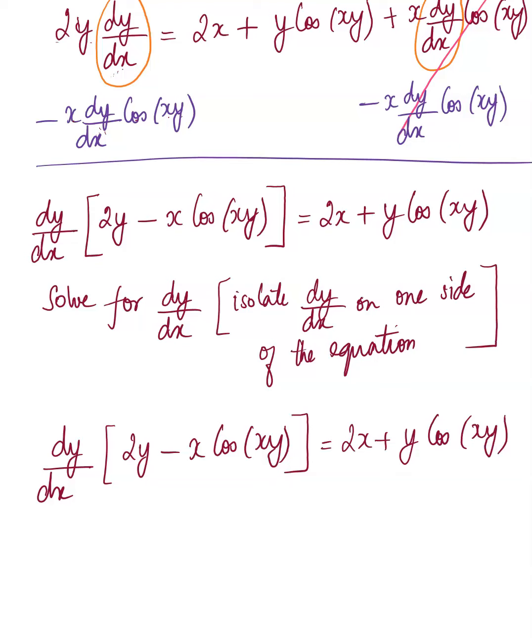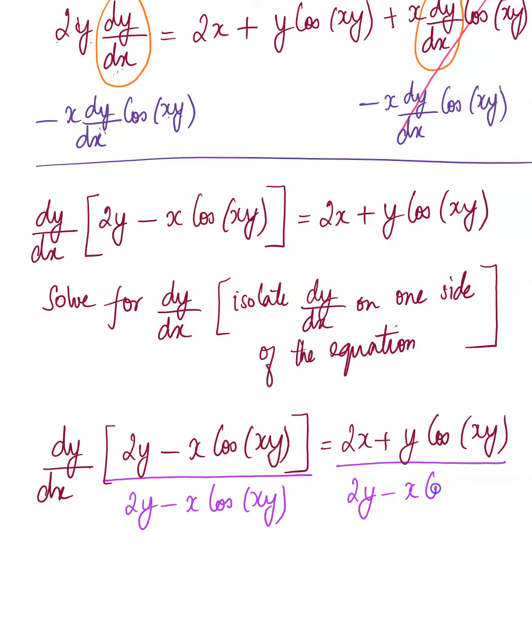In order to get dy by dx by itself, I have to divide this out. 2y minus x cosine xy must be divided out on both sides, of course. So that this whole factor and this factor cancels off.